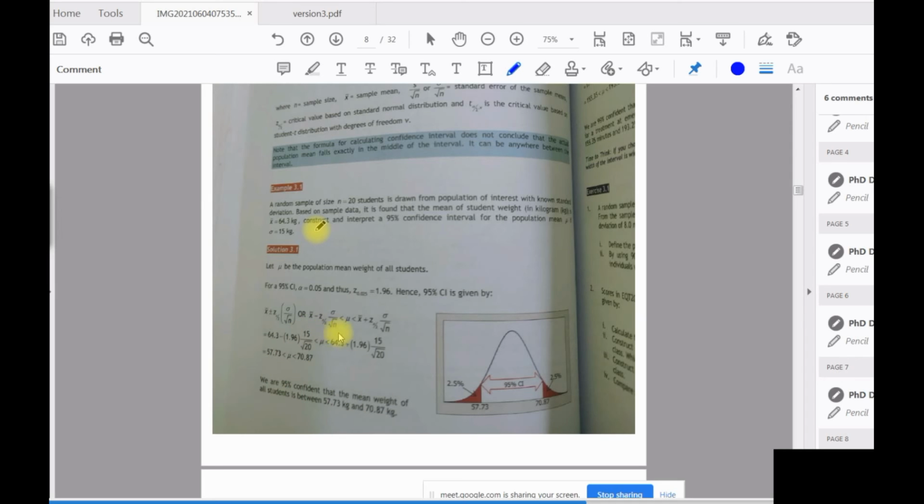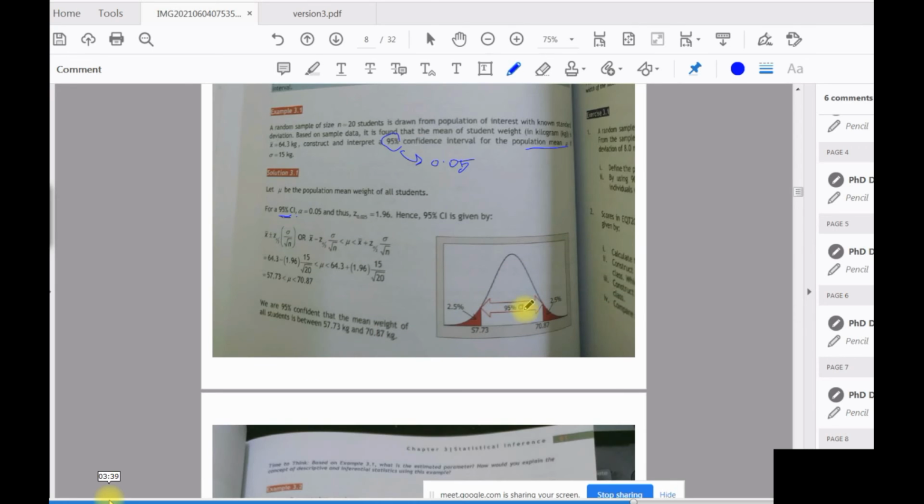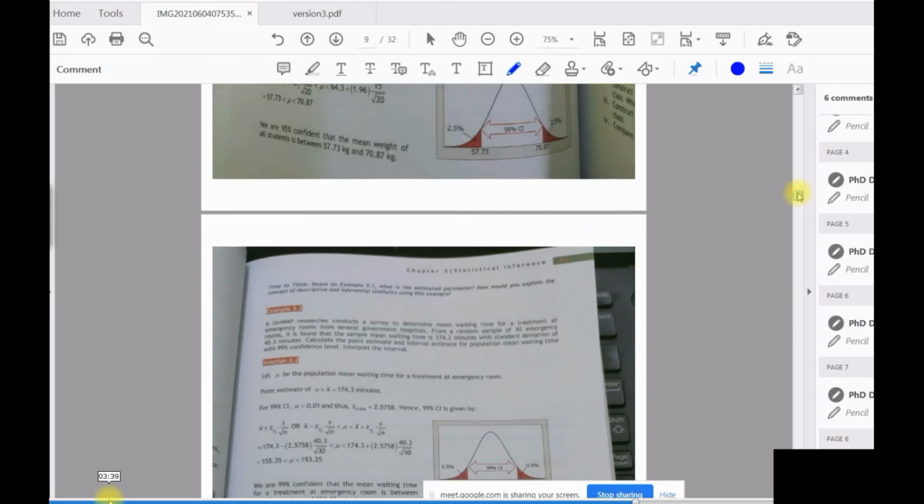That's why we get the interval. So here we have 95% confidence that the mean weight of all students is between the lower and upper limits, in kilograms. So we have two tails here, and in between that we have 95%. So this is the graph.